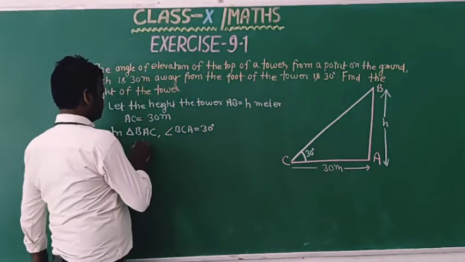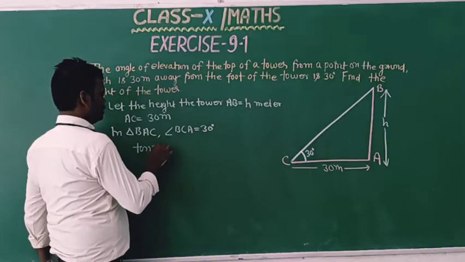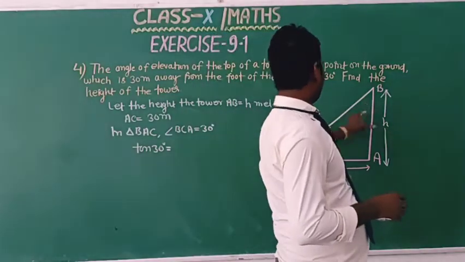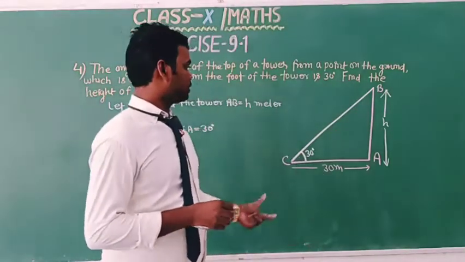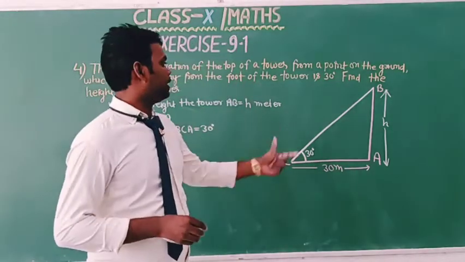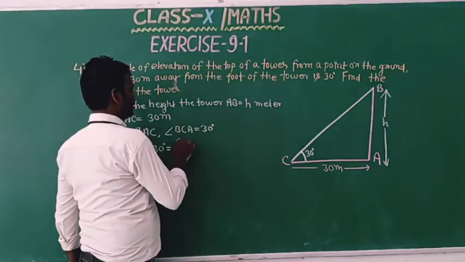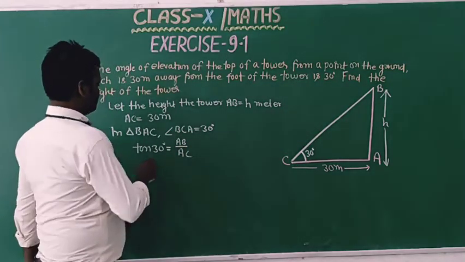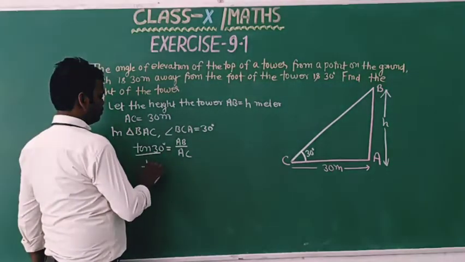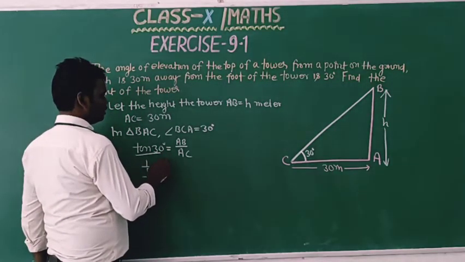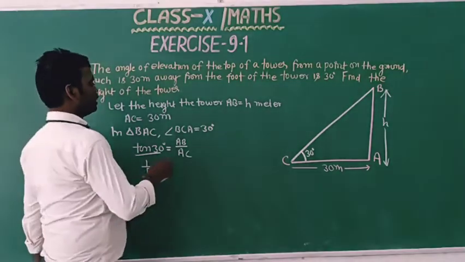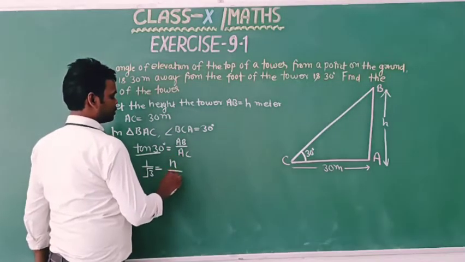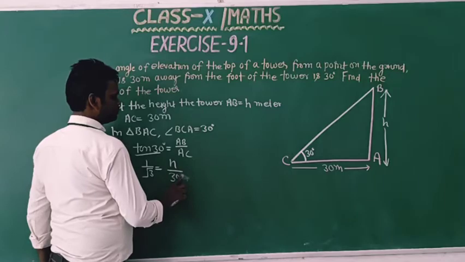So tan 30 degree equals perpendicular by base, where perpendicular is AB and base is AC. The value of tan 30 is 1 upon square root 3. The value of AB we suppose is h meter, and AC is 30 meter.